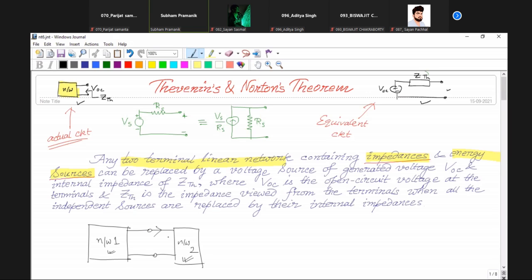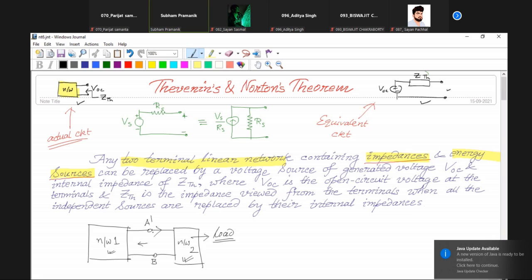then what we do, we consider this network 2 as load, and then we analyze using Thevenin's theorem. That is, the left hand side of this AB terminal is analyzed using Thevenin's theorem.